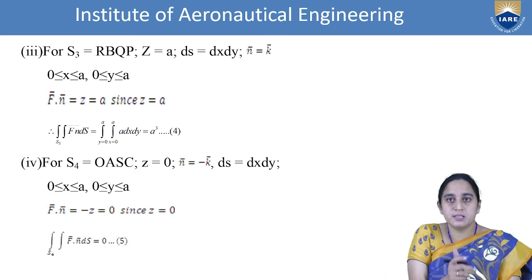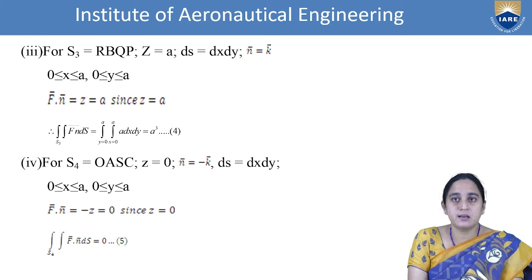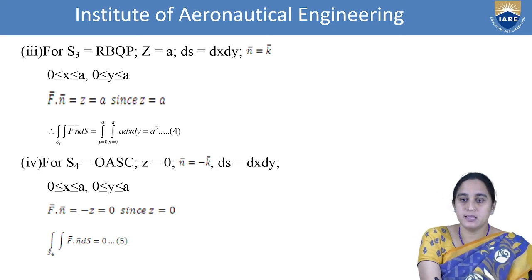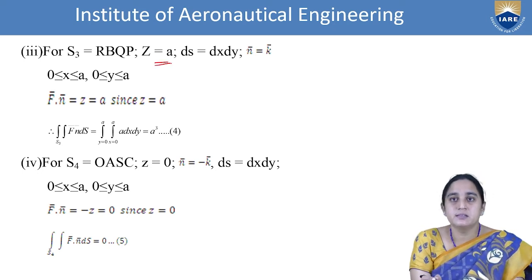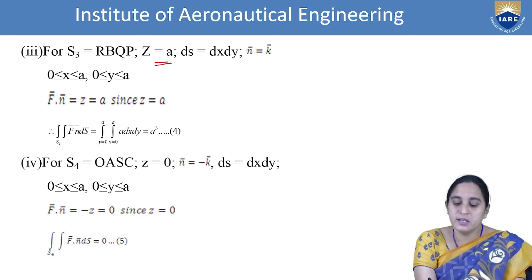What is the S3 phase? Here I'll take the S3 phase as RBQP. It is on the Z-axis, with the limit point as A, and ds is equal to dx dy.